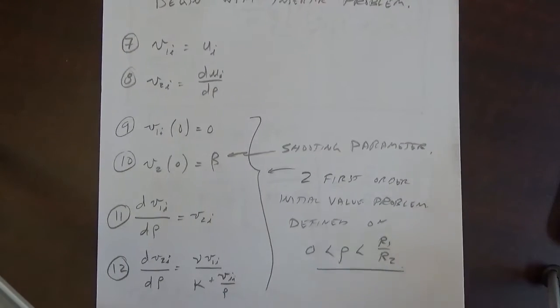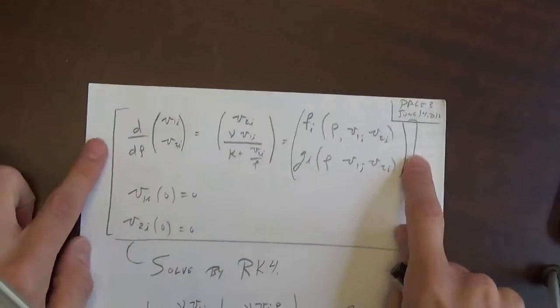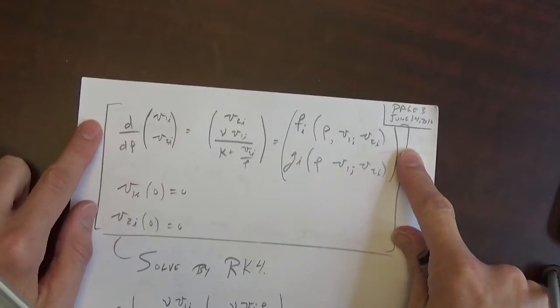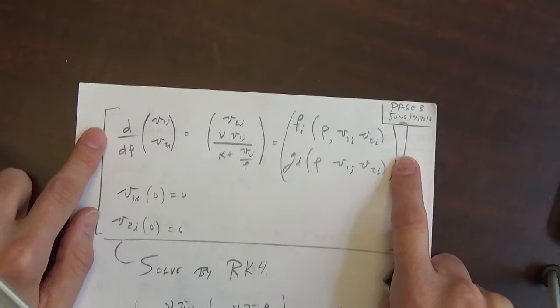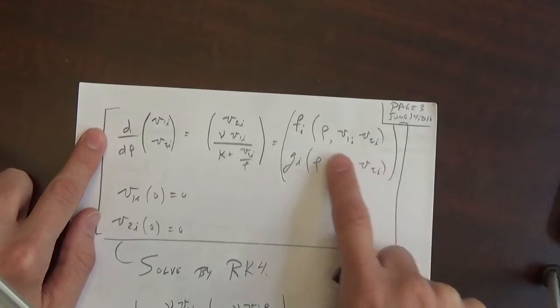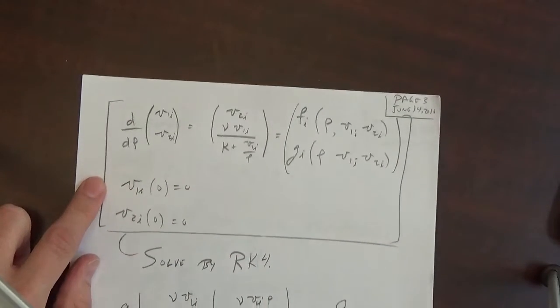So we want to solve this by Runge-Kutta, and this gives us a way to express our problem as a linear system of ordinary differential equations with an f and a g function and initial conditions.